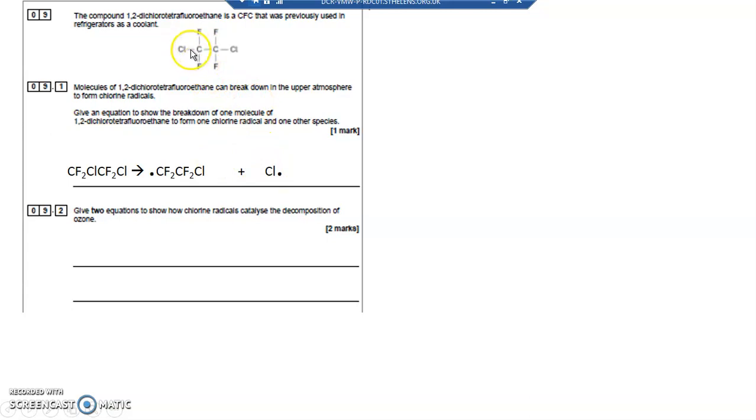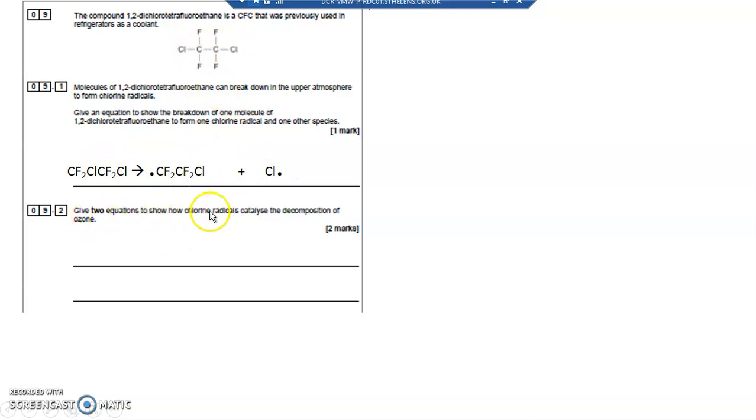This bond is broken, and one of the electrons has gone back onto the C, an unbonded electron on this C, and an unbonded electron on this Cl. I could have broken the other one, with a dot on the carbon at the other end, and a Cl, but I just chose to break this left-hand bond.